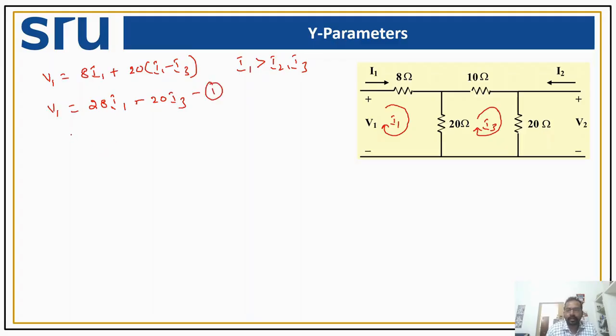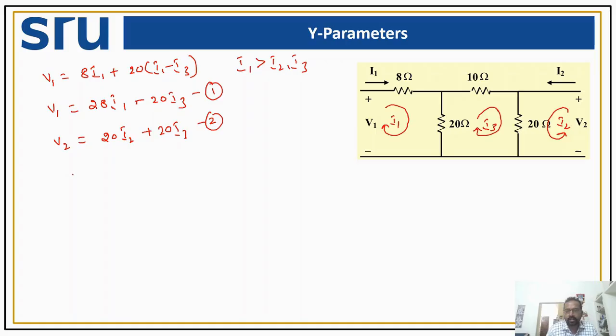Now let us write equation 2, where the I2 current flows in mesh 2. We again have a voltage rise from minus to plus, and a voltage drop across the 20 ohm caused by the current through the combination of I2 and I3. So my V2 is equal to 20 I2 plus 20 into I3. This is my second equation.